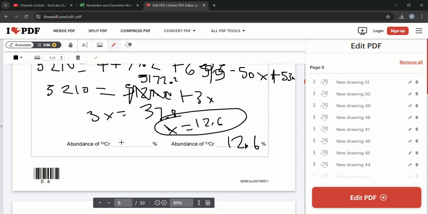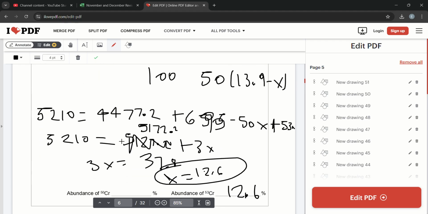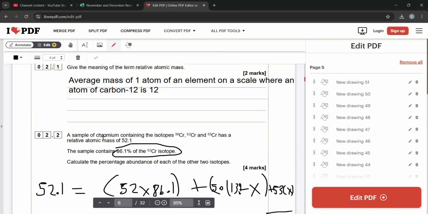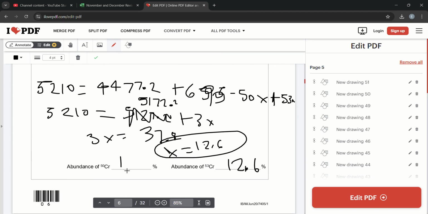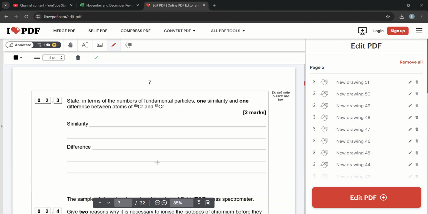Actually, no, we don't need to do that. 100 minus 12.6 minus 86.1 would give us 1.3%. So 1.3%, 12.6%. That's part 1 and part 2 done.